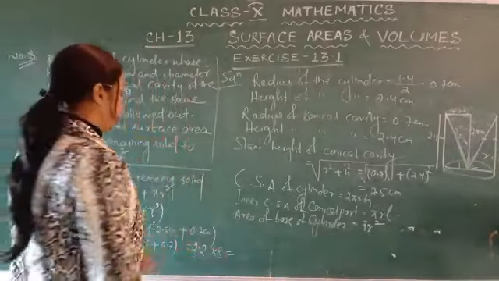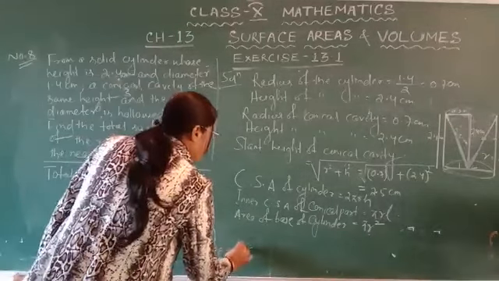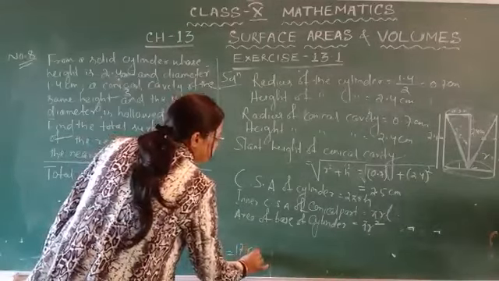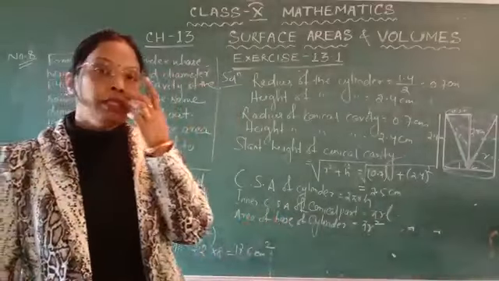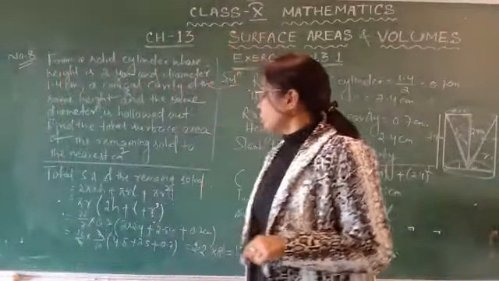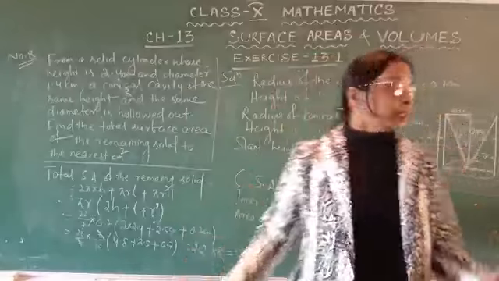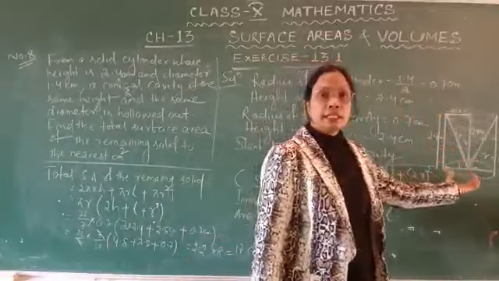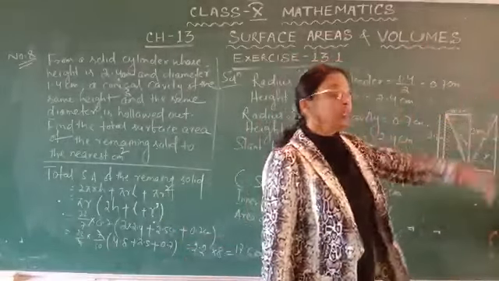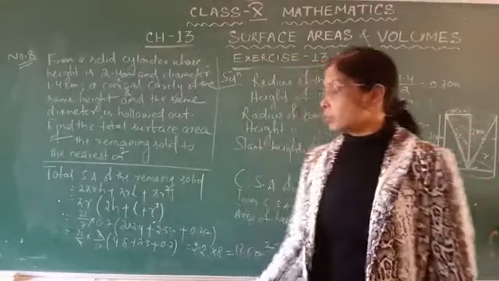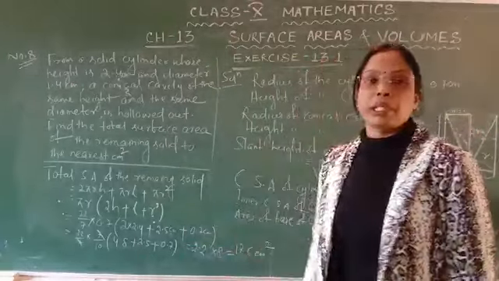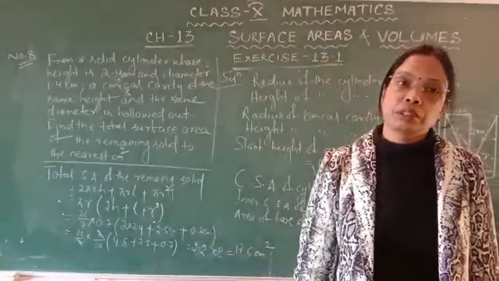So 8 to 60, that means 17.6 centimeter square. So the area of the remaining solid, when from a cylindrical solid we cut out a conical cavity, is equal to 17.6 centimeters.